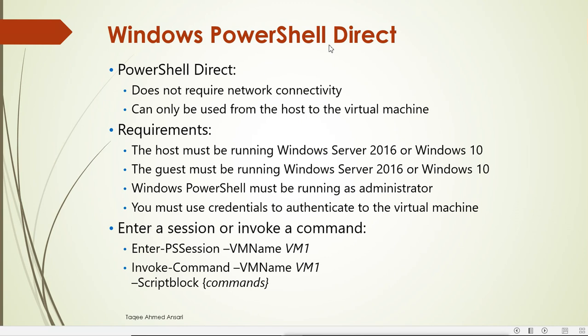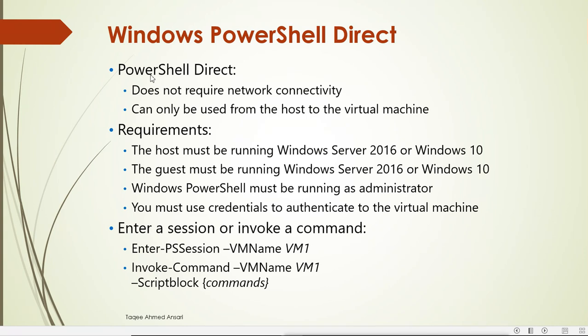It is called Windows PowerShell Direct, where we can connect and run commands, or invoke commands directly, without even having the networking feature enabled. We can connect to the virtual machine, pass commands, run commands, or connect through PowerShell remoting to manage the virtual machine from the host.